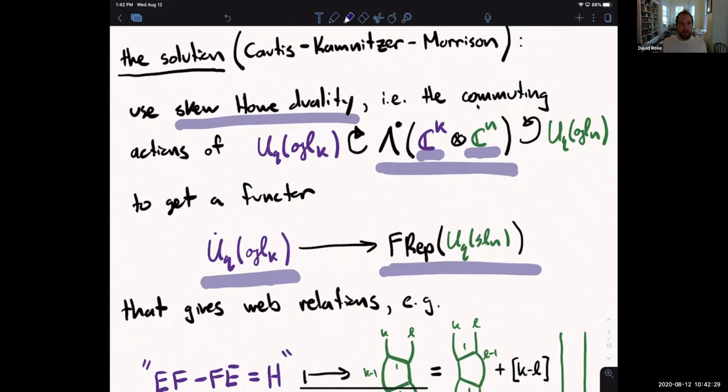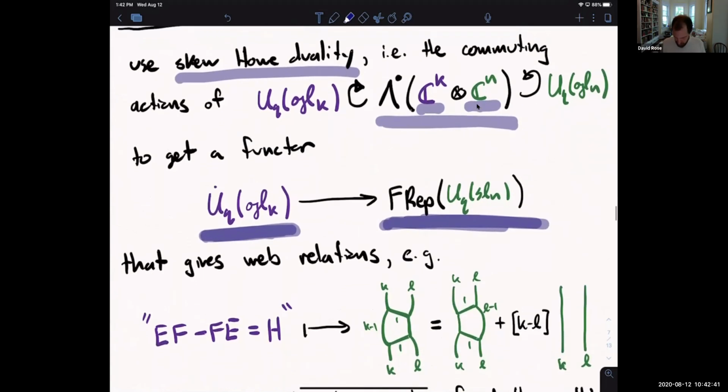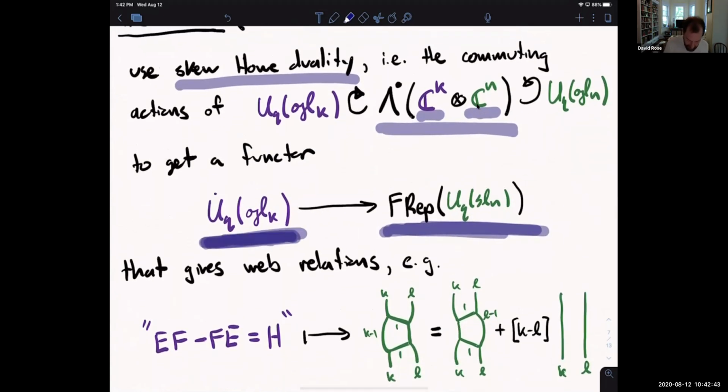And this allows you a completely different way of constructing relations. Because I have this functor, relations here must get taken to relations here. And what they show is that there are some basic defining relations in quantum GL_k, or just imagine quantum SL_k if you don't like thinking about GL.